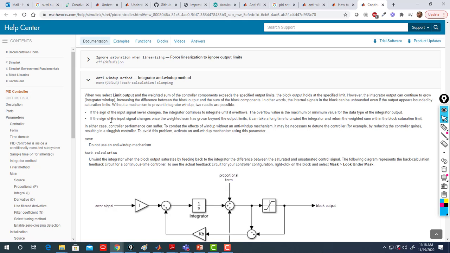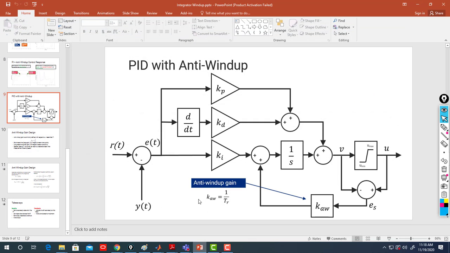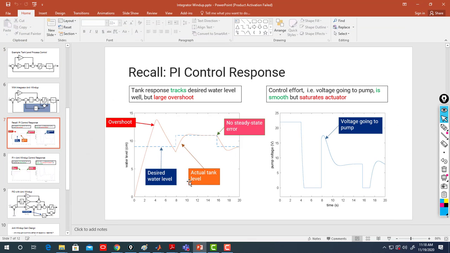Like, for example, I keep having error, but it may not be the case, like here, because my reference signal changed, so my output signal will change. Sometimes the error stays this way, sometimes I decide to go down, so my input level goes down, so my output will go down.